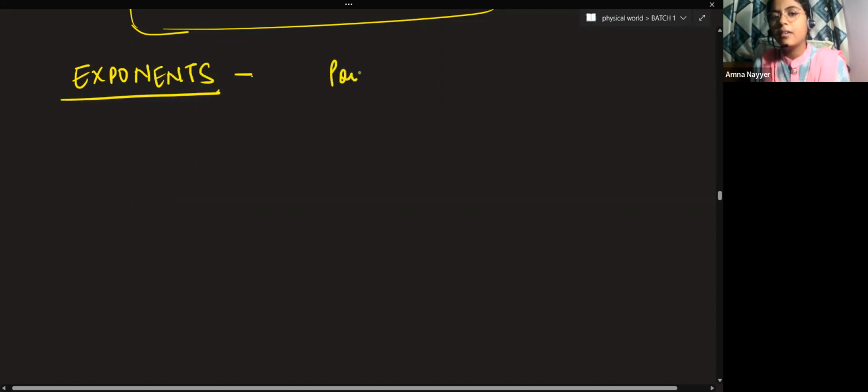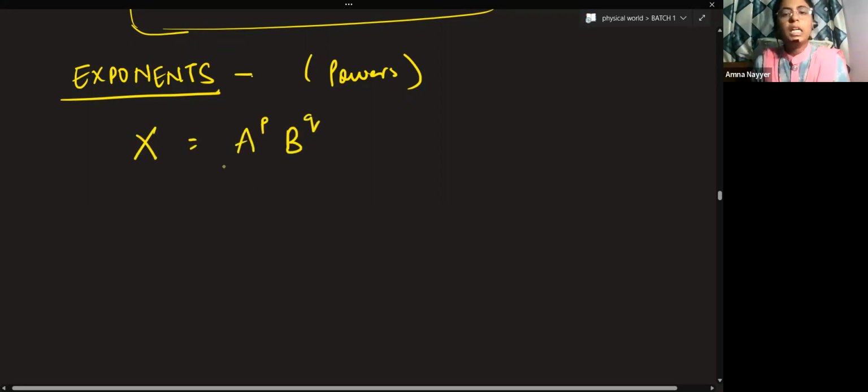Exponents means basically powers, how to deal with all the powers. This eases our calculation. For example, let's say x is some number which has a to the power p, b to the power q, getting divided by c to the power y. Some random example we have taken.